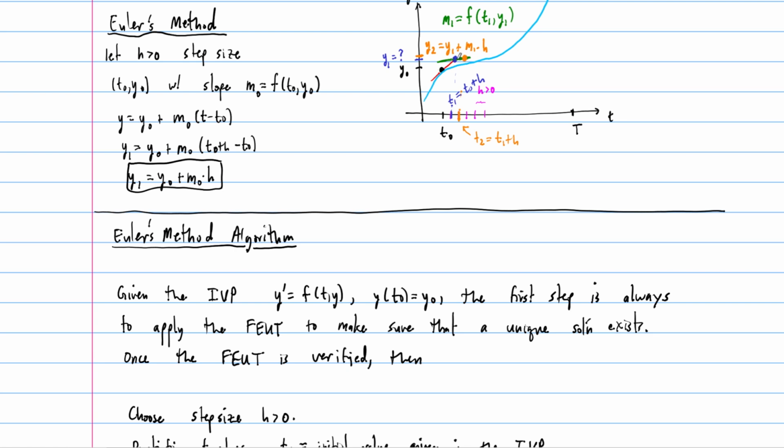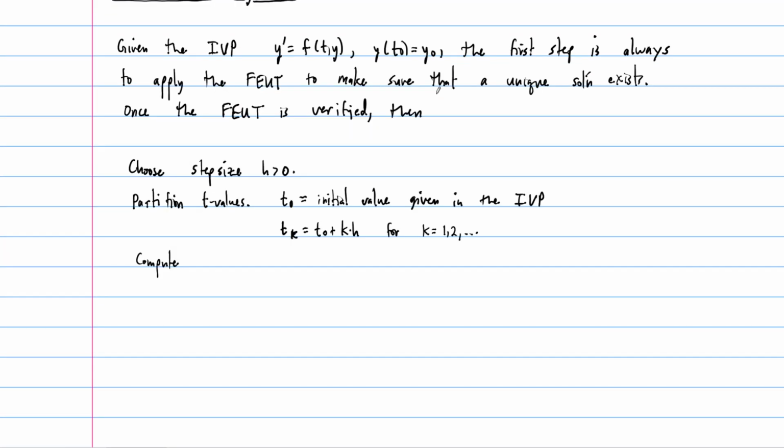So we're going to compute the slope. It's very closely related to the slope field that we studied back in a previous lecture. But we're going to compute the slope at every point determined by the initial value problem, and then we're going to update our points. So here's how this is going to work. We're going to compute the slope for each point. We'll call this m sub k minus 1.